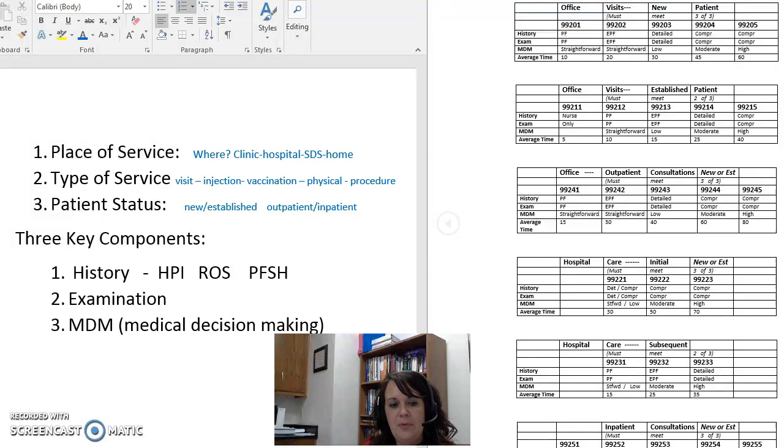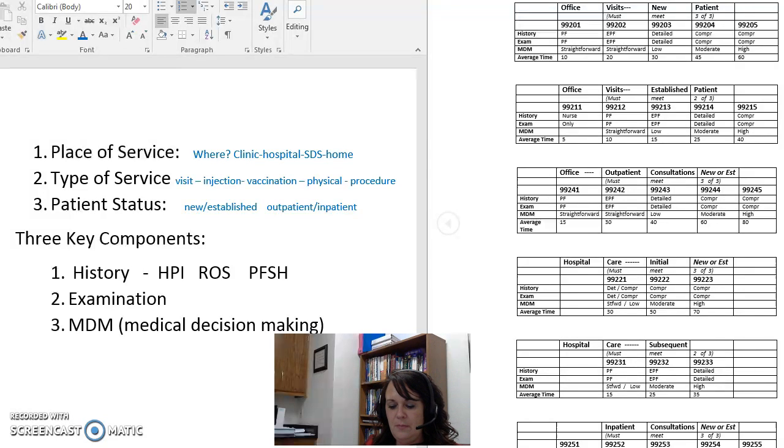If you read a problem in your workbook that says, Mary came into the office today to speak with her doctor about her ongoing diabetes medication, I'm in the office. Type of service is a visit. Patient status. It didn't say she was new or established, but it said it's her ongoing diabetes medication. That would mean established, like she's talked to him about it before.